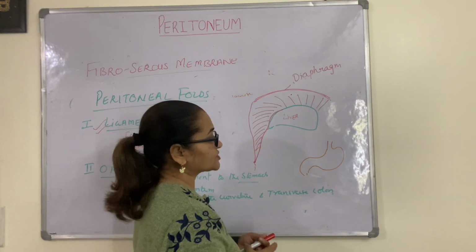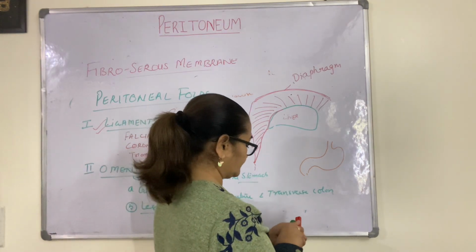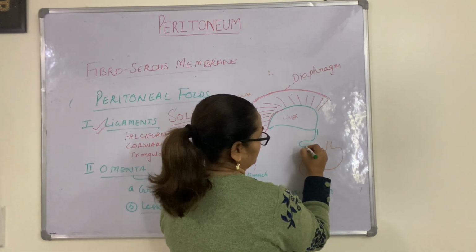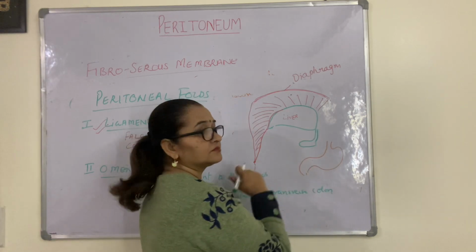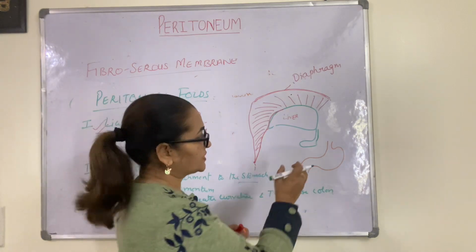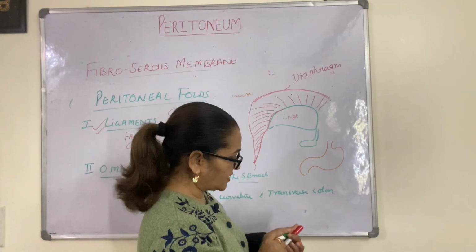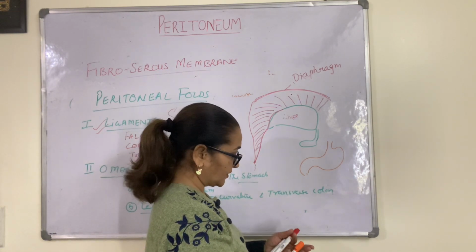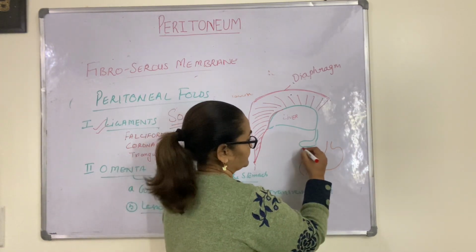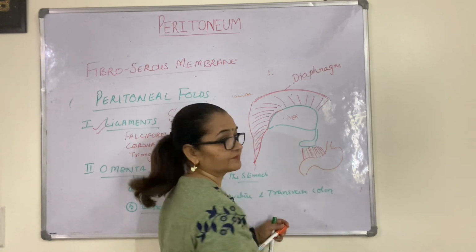Here it is just holding, or hanging, the lesser curvature of the stomach with the ligamentum venosum and the porta hepatis. So the ligamentum venosum and porta hepatis are hanging the stomach from the lesser curvature. With this, it is attached to which organ? That is, to the liver. So this is the lesser omentum.